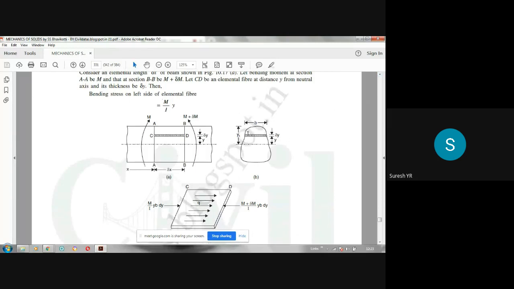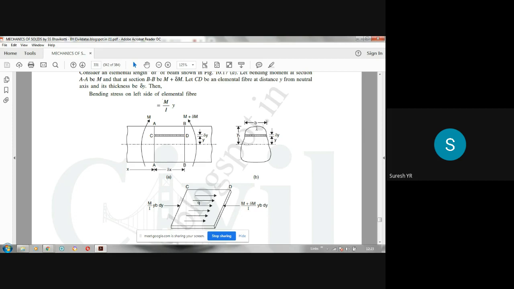Above this elemental strip CD, whatever area is there, only this much from here to here, that is your small a. And y bar is the distance of the centroid of that area from the neutral axis. Whatever area is there above this strip, you have to locate the centroid of that area.